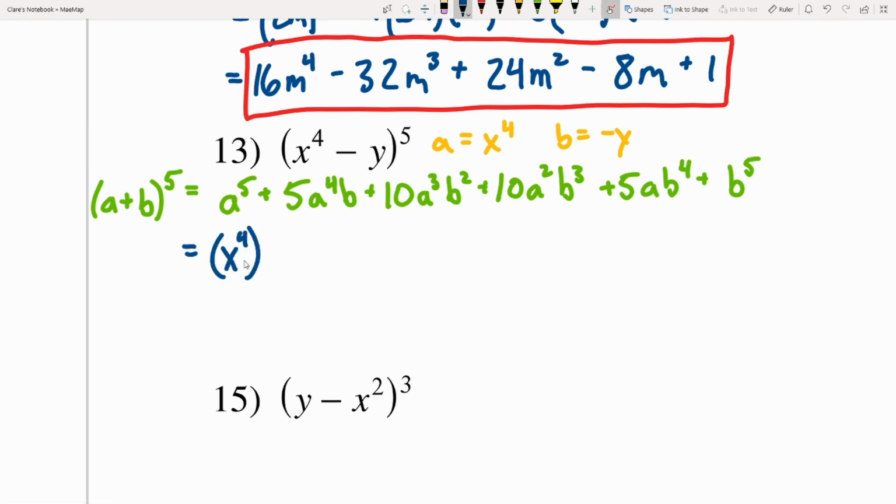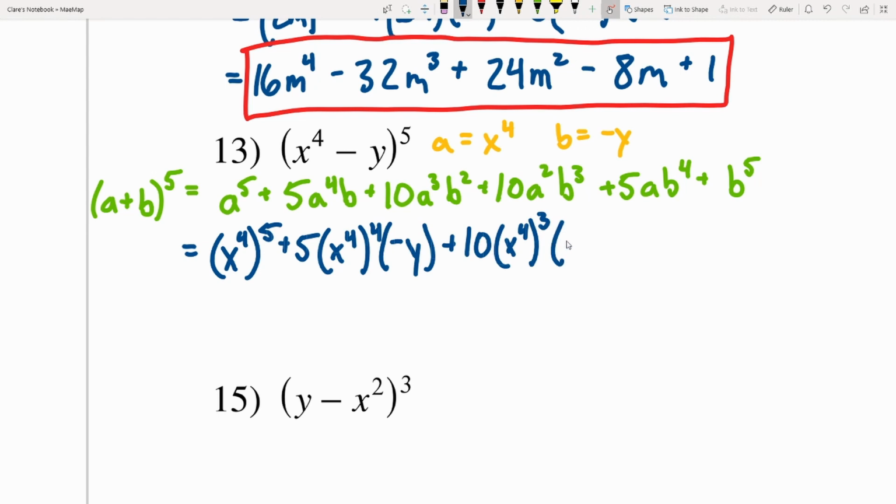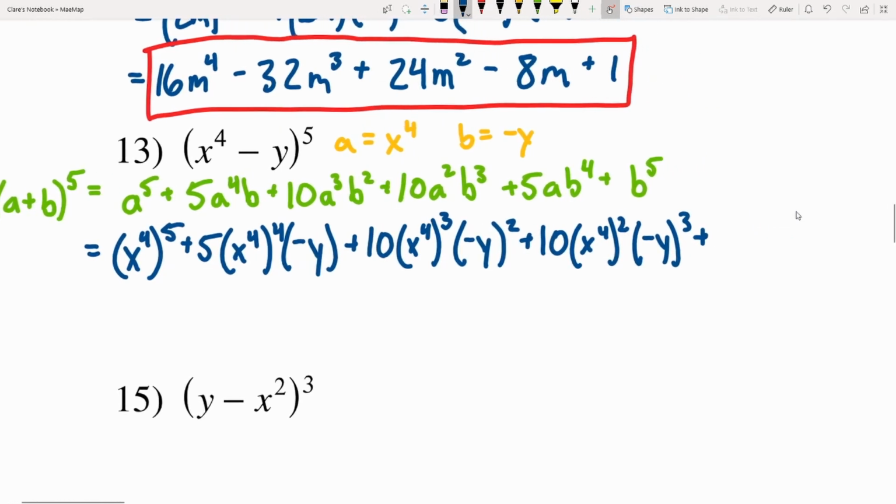X to the 4th to the 5th plus 5x to the 4th times negative y plus 10 times x to the 4th cubed times negative y squared plus 10 times x to the 4th squared times negative y cubed plus, I'm running around a room, hopefully I can fit this in, 5 times x to the 4th times negative y to the 4th plus b, which is negative y, all raised to the 5th. Whew, barely got it.